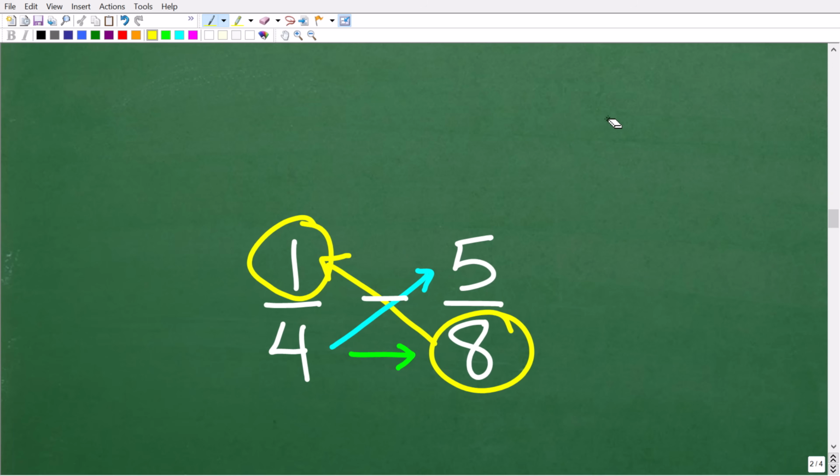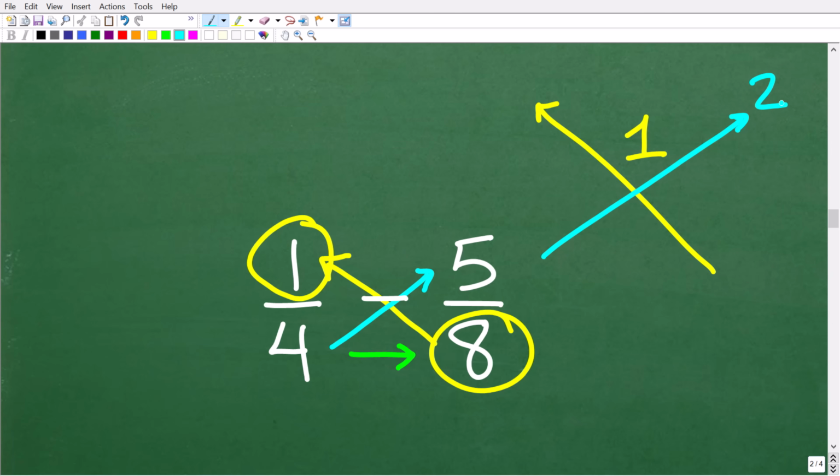Okay, so once again, let's start over. This is step 1, doing this multiplication. Now, step 2 is this multiplication right here. And then lastly, we're going to do this multiplication right here. So we're going to take this 8 and multiply it by 1. Then we're going to subtract. This is going to form our numerator, this little crisscross right here.